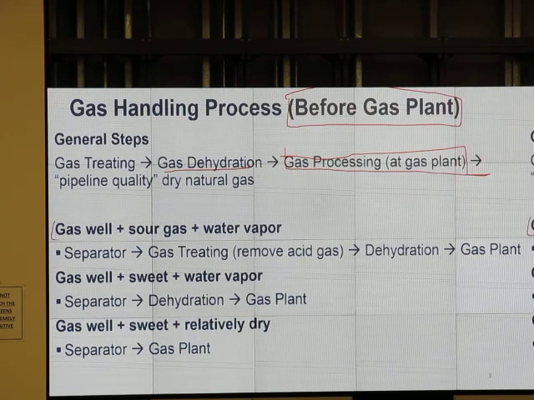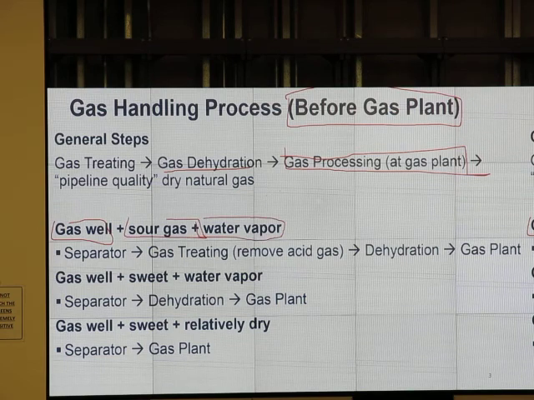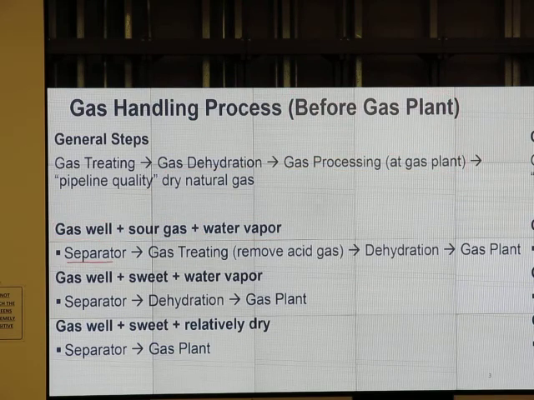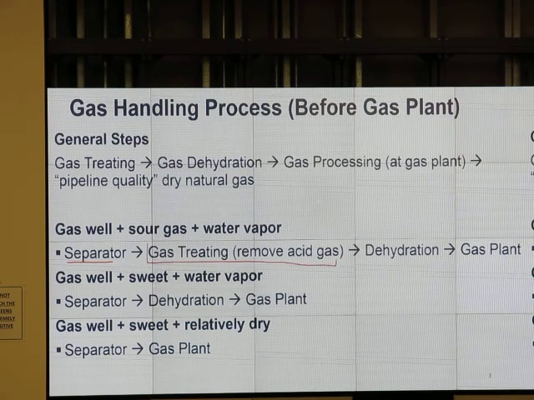If you have a gas well, it has some water. What do we do? Step one, of course, is the separator, to separate the gas out. After we separate the gas out, to meet the pipeline specification we have to remove something. Do we remove acid first or water first? Acid. We remove acid first. Memorize that. Later on we remove water.